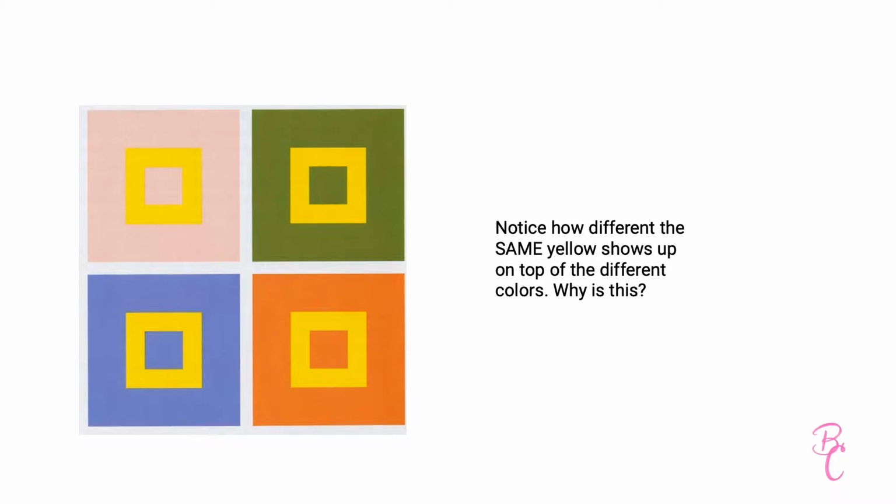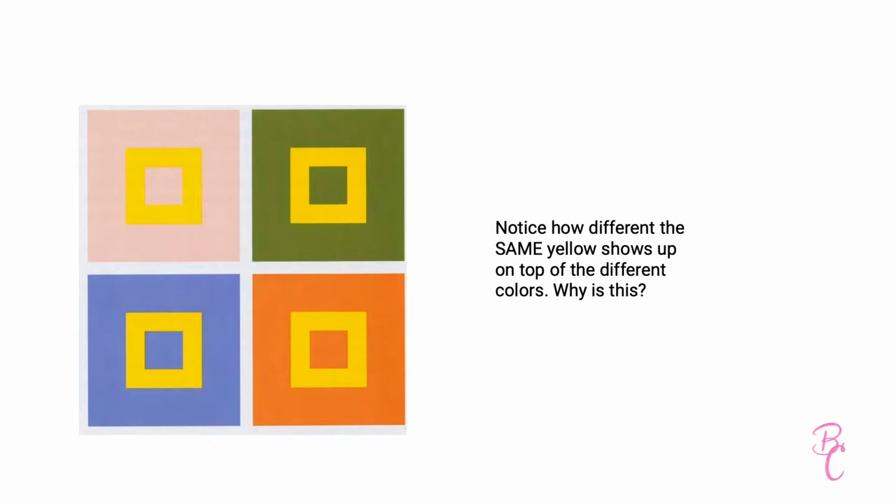This is the same yellow displayed on 4 different colors. Now, notice how on the topmost left square, the yellow kind of disappears a little bit, even though they're very different colors. And it really pops on the blue and the green. And then it just kind of stands out on the bottom right.